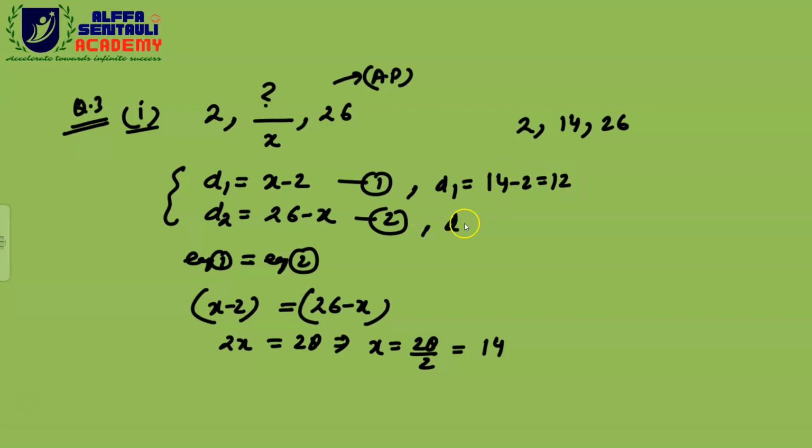And then if you solve d2, you will get what? 26 minus 14. How much? Correct. This is also 12. So common difference is same, because the value of x was 14. Correct? Got it?